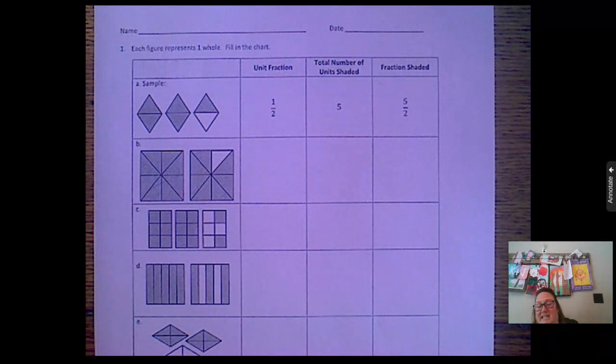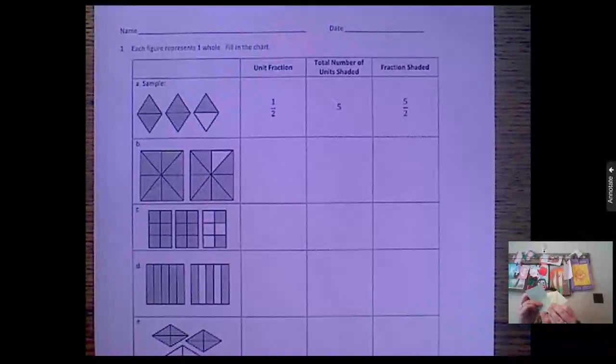If you have sticky notes, or you can just cut out small pieces of paper, I'm actually going to cut the ends of this sticky note off because I don't want the sticky part. Okay, so now I have my 3 pieces of paper, and these are representing the 3 wholes.